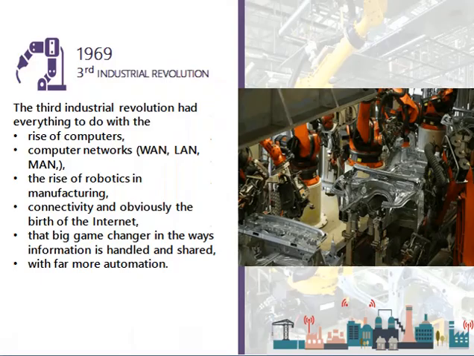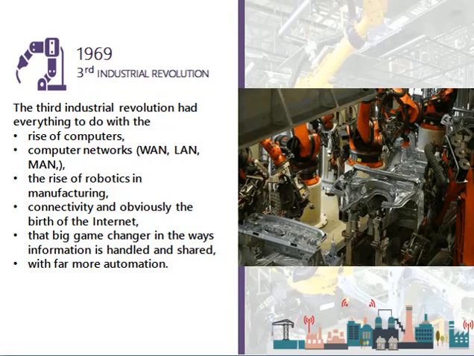Coming back to the third industrial revolution, people collected the information and used this information in a proper channel. Through a proper channel, they implemented the concept, and in this third industrial revolution they used the help of computers and computer networking.